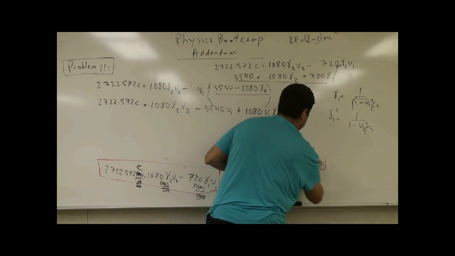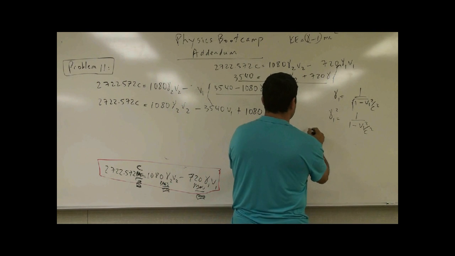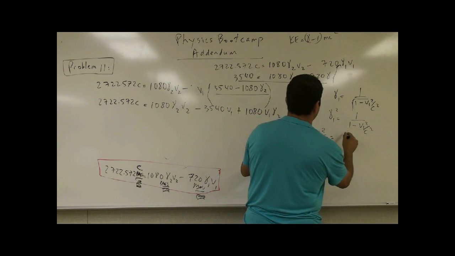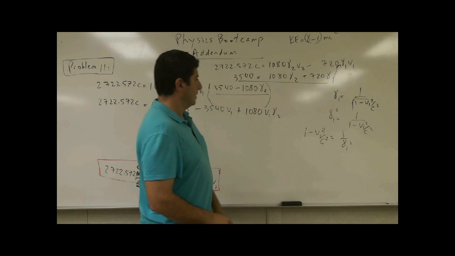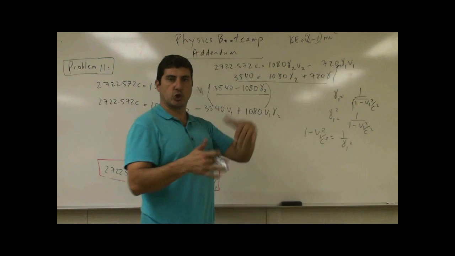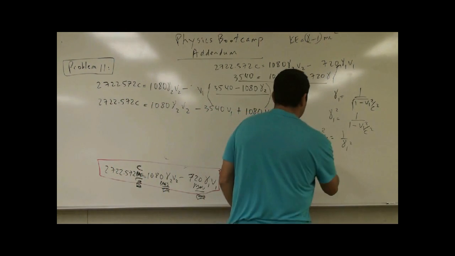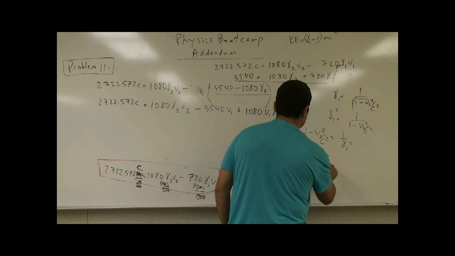And I could bring this up to there: 1 minus v1 squared over c squared is equal to 1 over gamma 1 squared. So essentially I'm resolving it in terms of v1. So then this one goes over there: 1 minus 1 over gamma 1 squared.